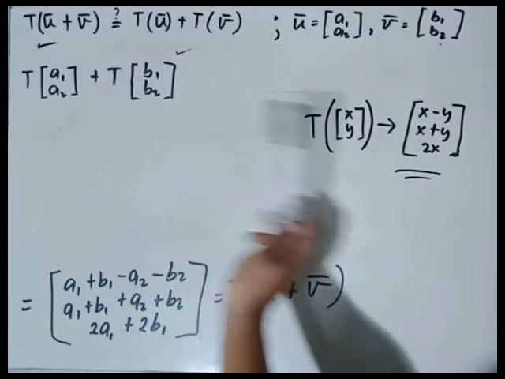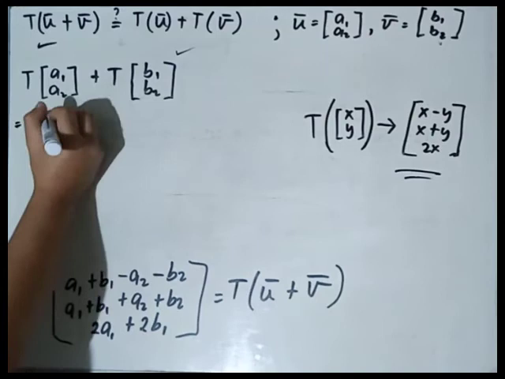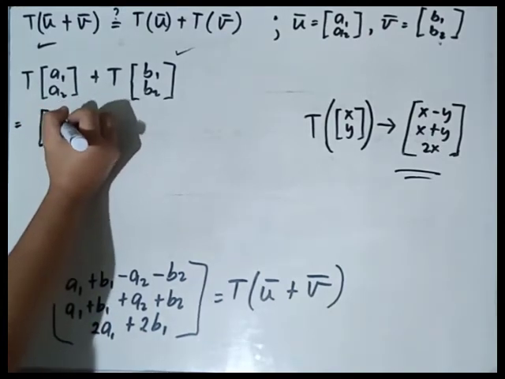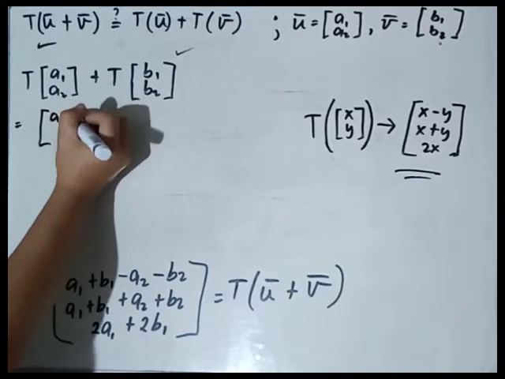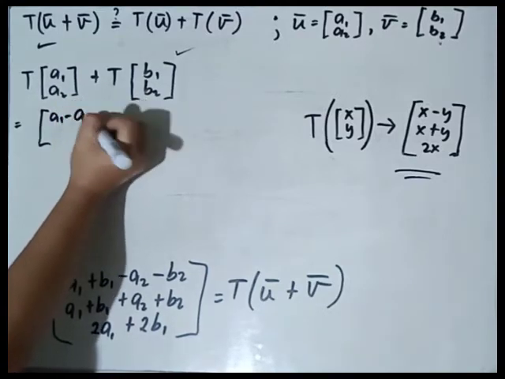So applying this, we'll be having, of course, the first component, that is a sub 1, minus the second component, which is a sub 2.